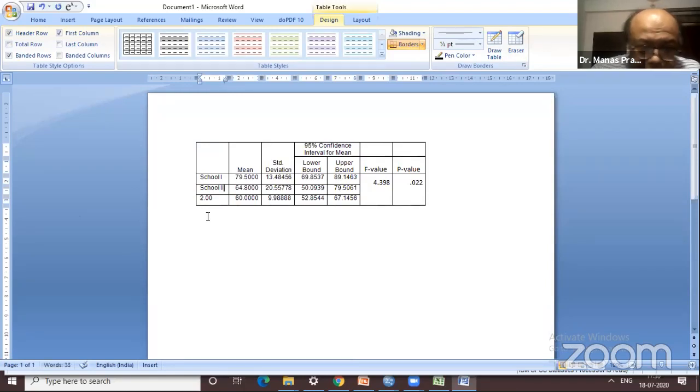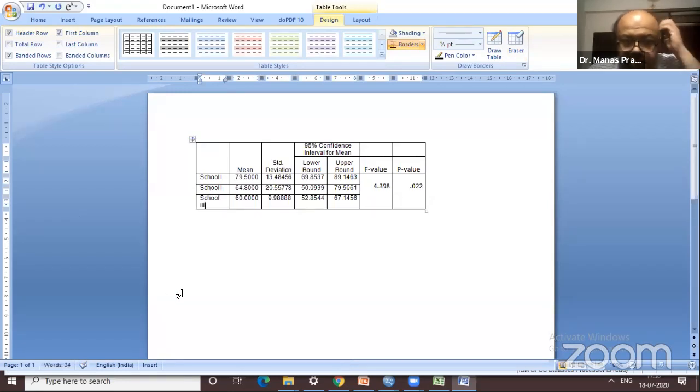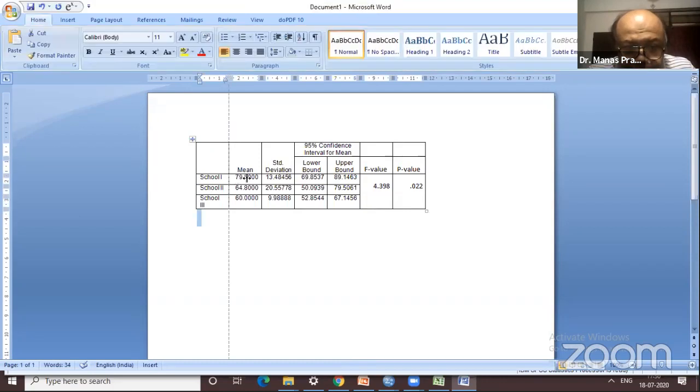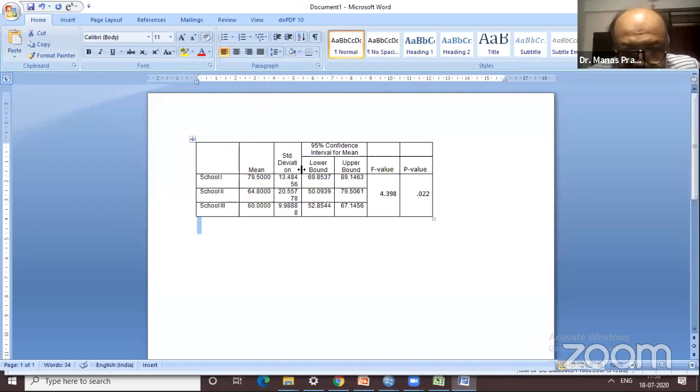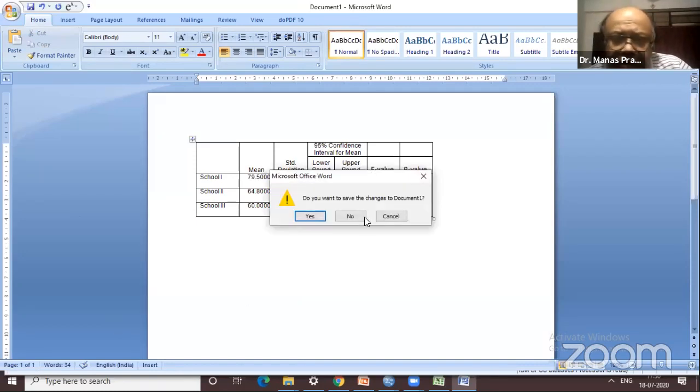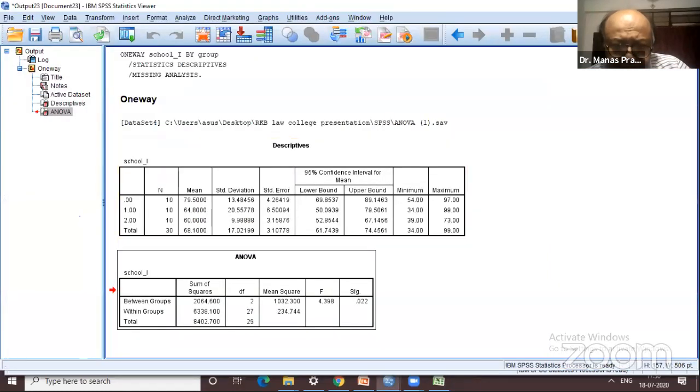School two, school three. So you can rearrange the columns. Okay, so this is how you can present your data. You don't need to give all these. Otherwise, a lot of questions are going to arise.